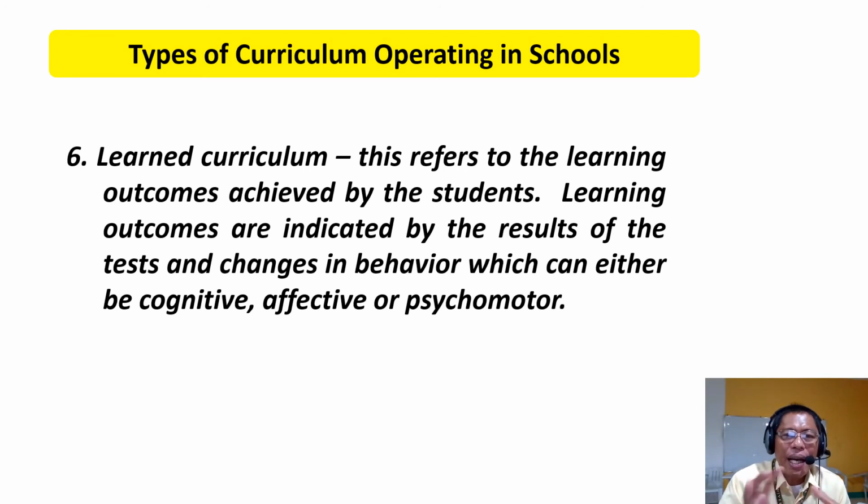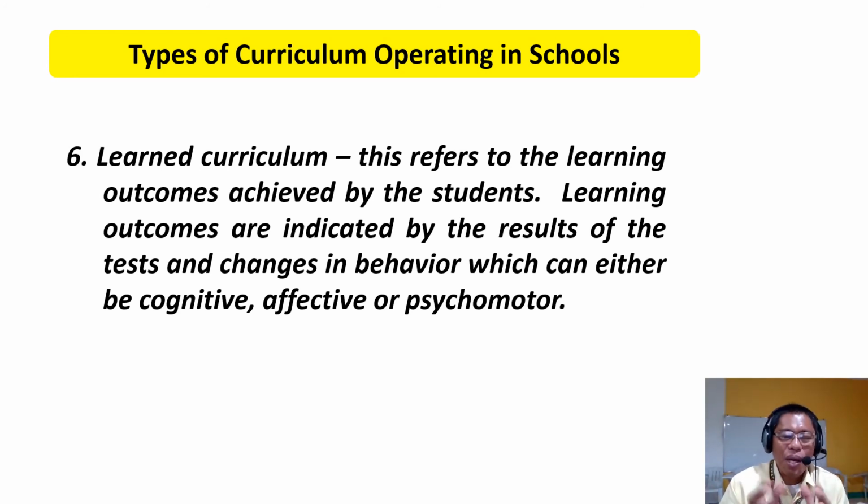Ito yung kanilang actual na natutuhan. That's the learned curriculum. How do we know that they have learned? Through evaluation or assessment. Saan nakukuha yan? Sa results ng mga test, changes in behavior.